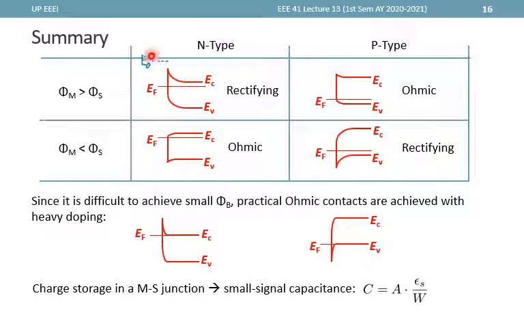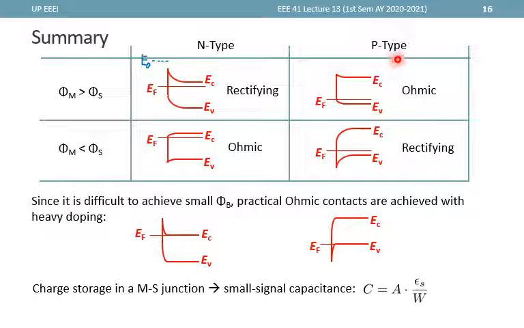As a review, we draw the reference E0, and exactly at this point we can see that the barrier height is equal to Vm minus chi. For the case when Vm is less than Vs, we actually end up with an ohmic MS contact. Again, we're looking at the point of view of the majority carrier.